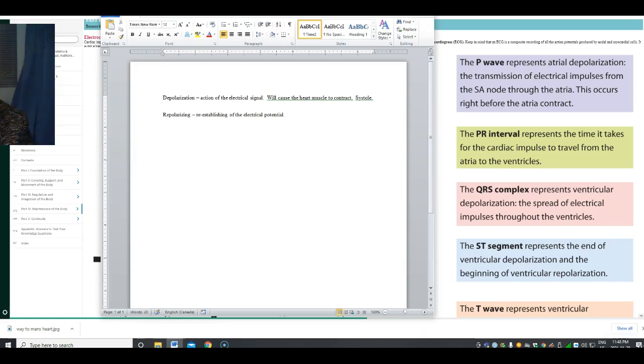Okay, and that usually causes the heart muscle to relax, and that is paired up with the term diastole. Okay, so depolarization is the opposite of repolarization. Depolarization is the electrical event. Repolarization is the reestablishment. Then when you have contraction, that is called systole, and relaxation is called diastole.